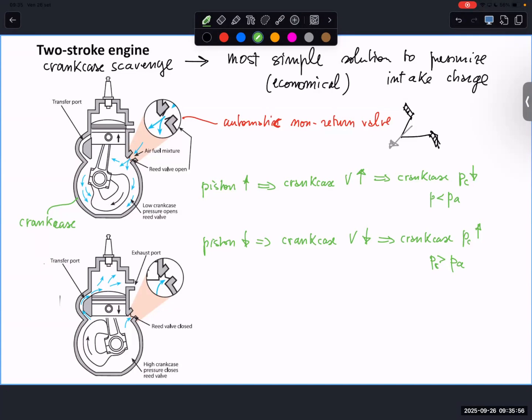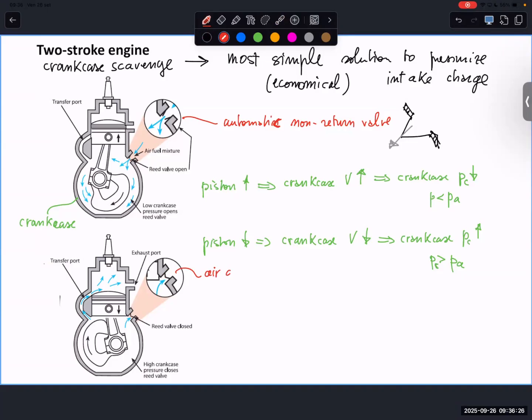This reed valve is a non-return valve, so the leaves are closed and cannot be opened in the opposite direction. So the air tries to go out to reach the environment, but it cannot, because the non-return valve is in the opposite direction. So non-return valve is just in one direction. So air cannot go out.